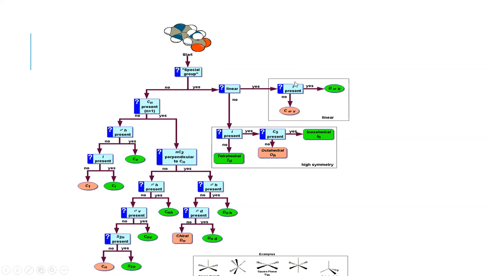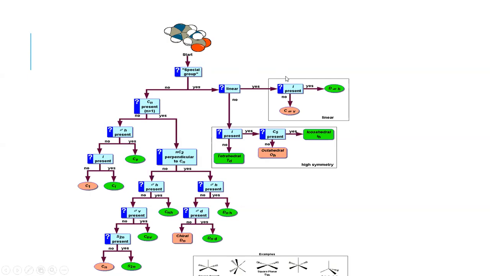We have already seen the center of inversion is an operation which exchanges the atoms at the opposite ends. So we need to find out if there is a midpoint in the molecule such that on exchanging the atoms at the extremes, there is no change in the appearance of the molecule. If that happens, then i is present.